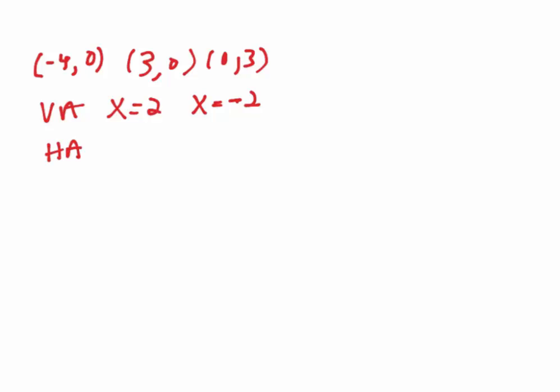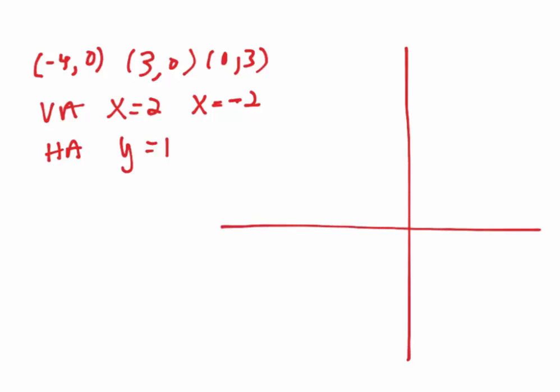And then the horizontal asymptote is y equals 1. And if there's a horizontal asymptote, there is no oblique. So let's get ourselves a little graph going. And again, these do not have to be perfect.